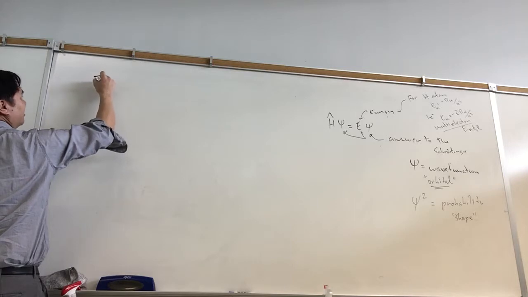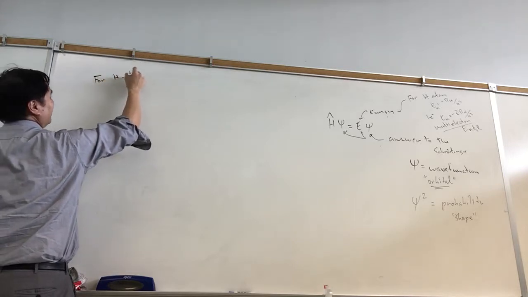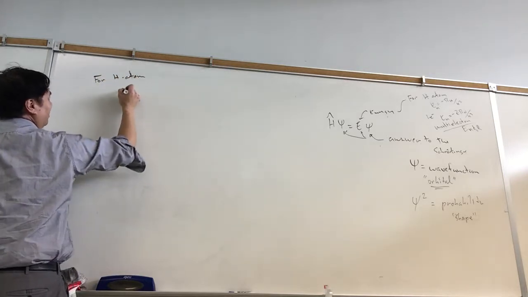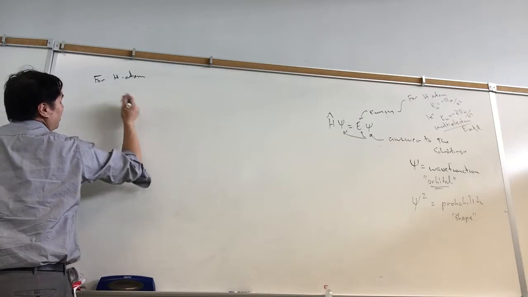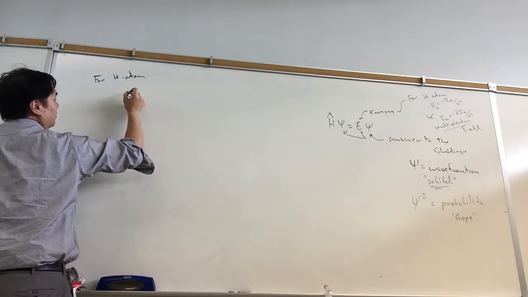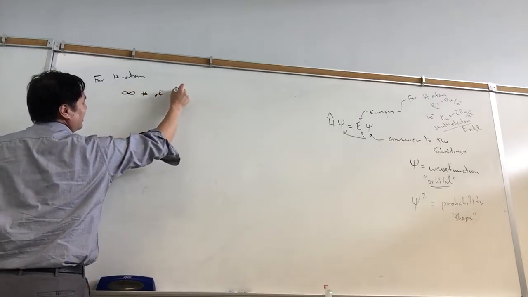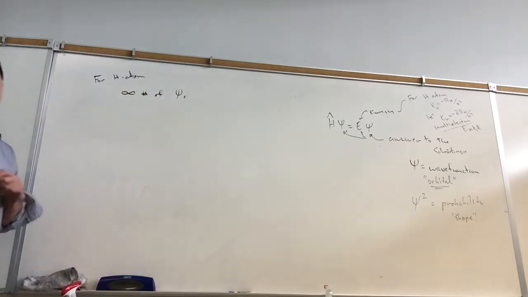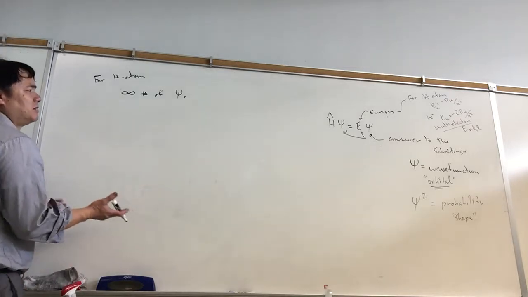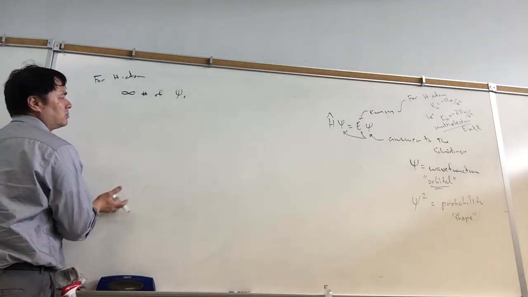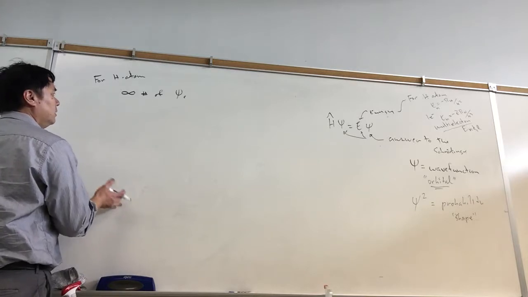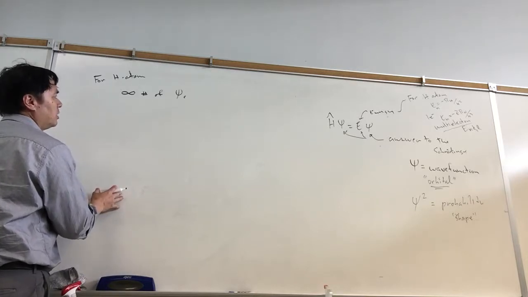So for the H atom, and for all atoms, there are an infinite number of answers, an infinite number of psi's. How the heck are you going to figure them all out? Well, it turns out it's very easy, because the answer is not a specific number or a specific value or a specific shape. The answers are going to be in terms of equations.